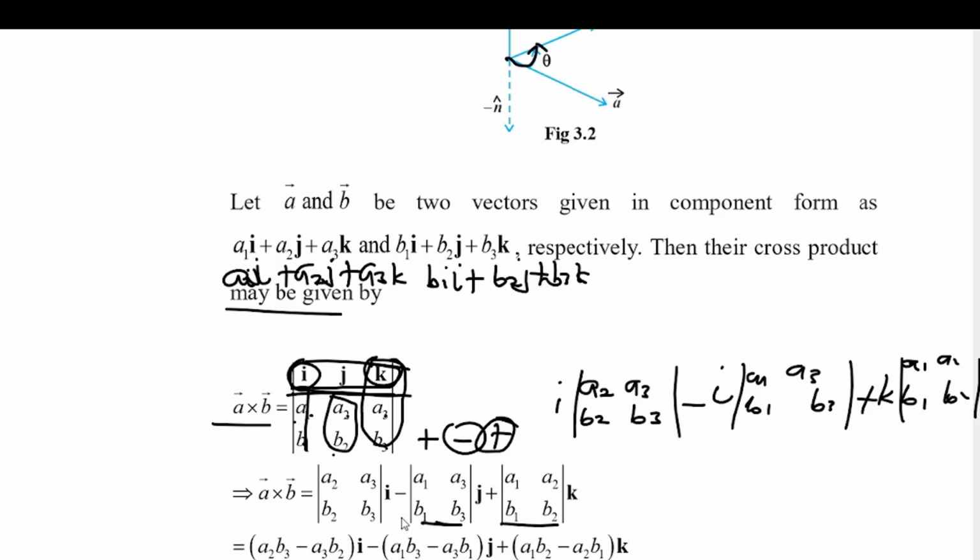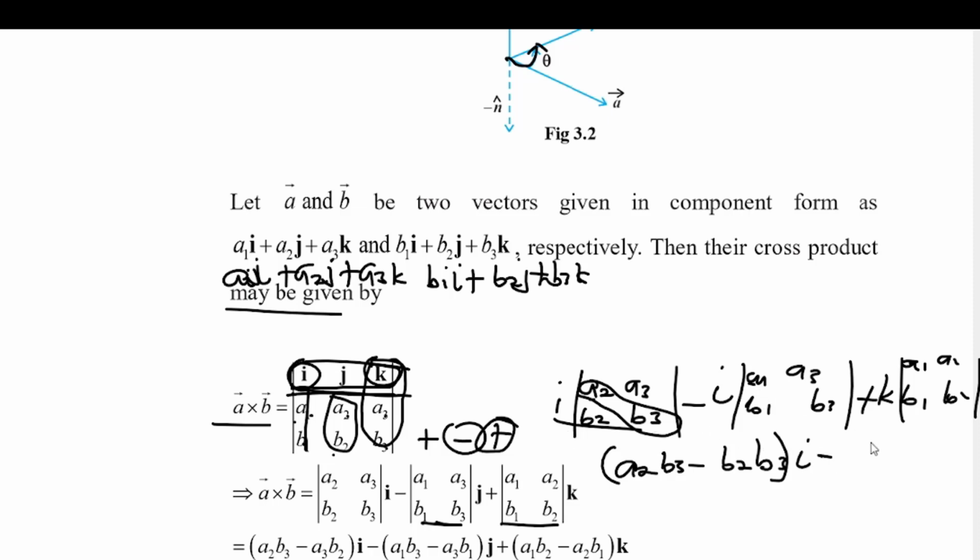Now, if you want to find the determinant, we know that the determinant is the diagonal entries here. So you have A2 times B3 minus A3 times B2, all times i for the first one here. Then for the second one, we have minus already, so we bring the minus sign here.